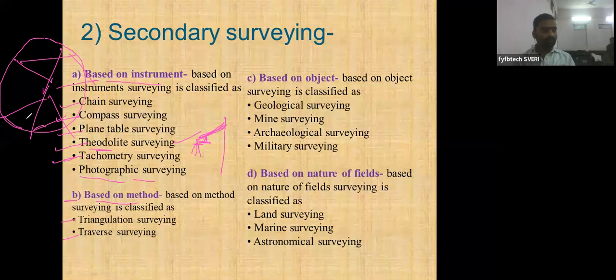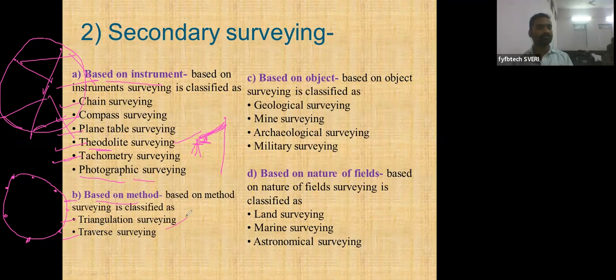And one more method is there. This is your entire area, the plot. How will I start? I will start at this point, and I will go to this point, and this point, and this point, and I will come back to the same point. It means I have covered the entire area. That is called traversing. It means you start from one point, go along the boundary of your plot, and come back to the same point. Then that is called traversing.